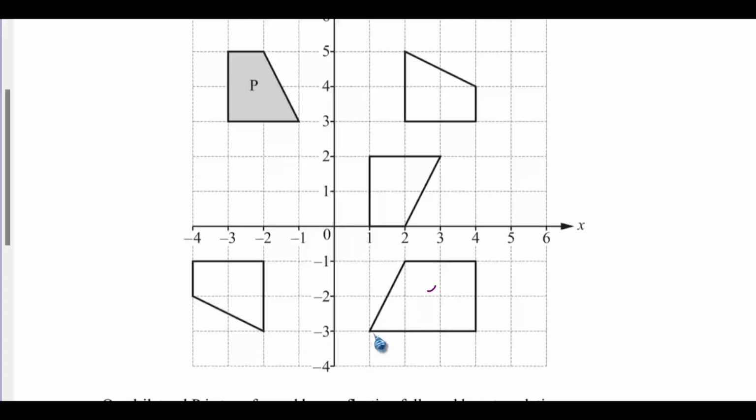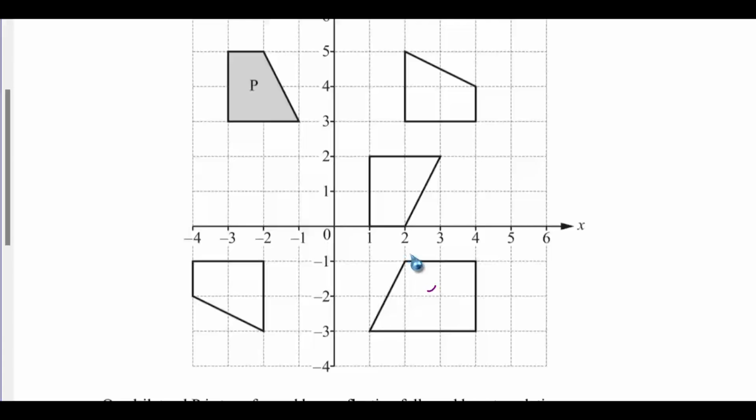From here you have 1, 2, 3. So if you go back to the object, that is the shape P here, there is no side that is this long, like this 1, 2, 3. So if you look at this one, 1, 2, 1, 2, 1. Okay, so we don't have any that is as long as this.